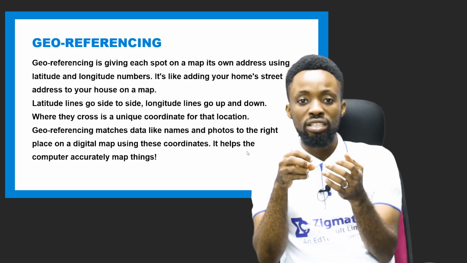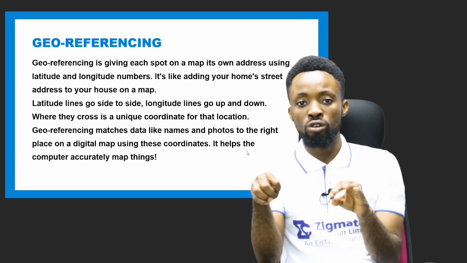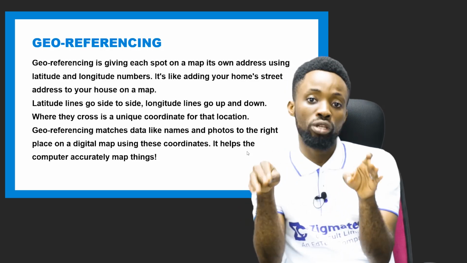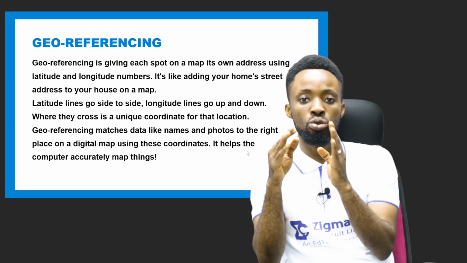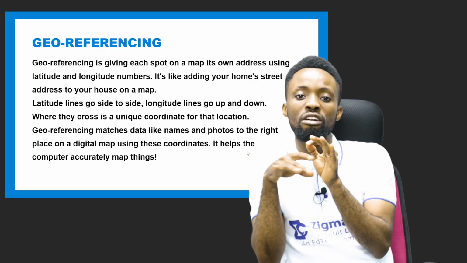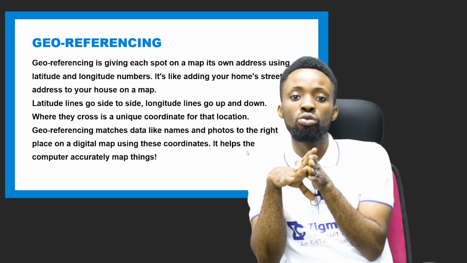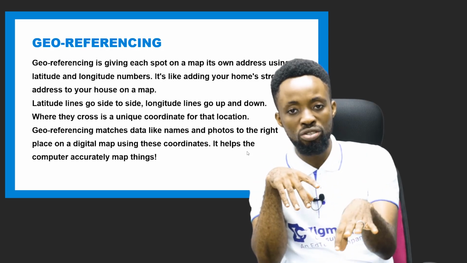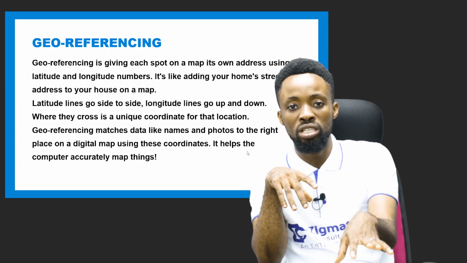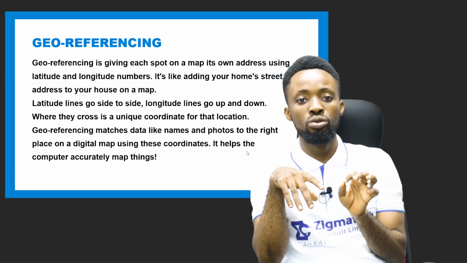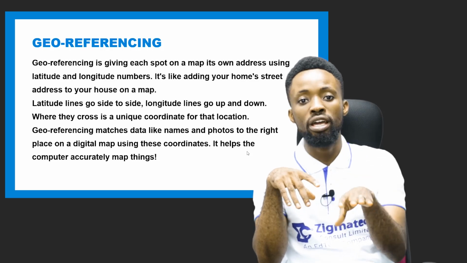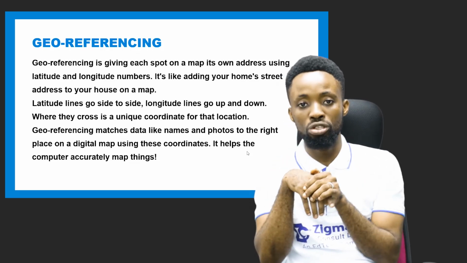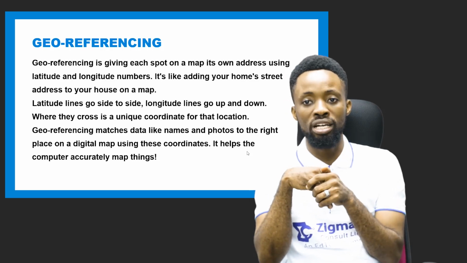So the process where you begin to pick up pieces of that puzzle to form the complete image is likened to georeferencing. So in georeferencing, all you simply need to do is to fix a particular place on the Earth's surface with a coordinate, so that when you search for it on a map or anywhere, you can easily get the position and the location of that place.